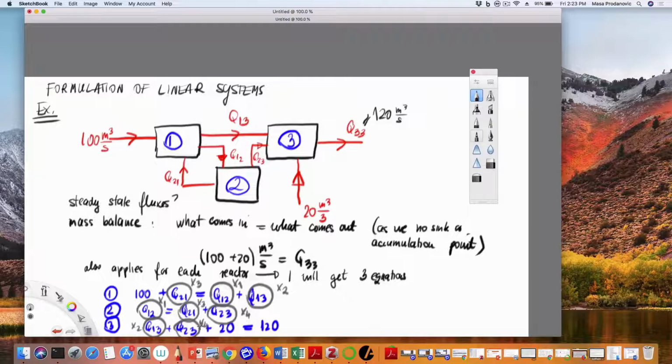Okay? So then what I actually have when I put all of the things that I don't know on the left side and everything that I know on the right side, then my first equation is minus x1 minus x2 plus x3 is equal to minus 100. Is that correct? Again, unknowns on the left, known stuff on the right.